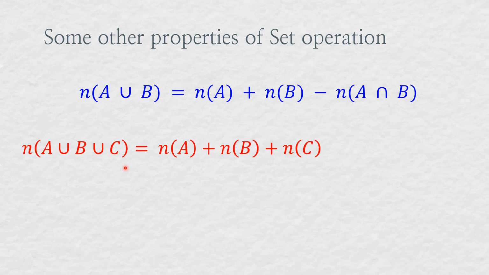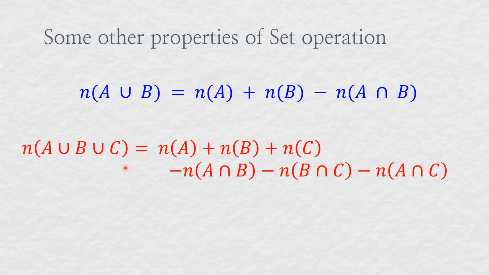Therefore, we need to subtract the number of elements in the intersections of these sets. So we subtract the number of elements in A intersection B, the number of elements in B intersection C, and the number of elements in A intersection C.